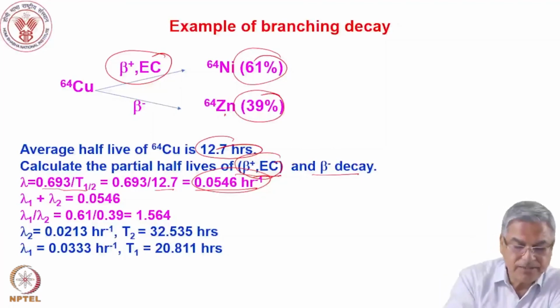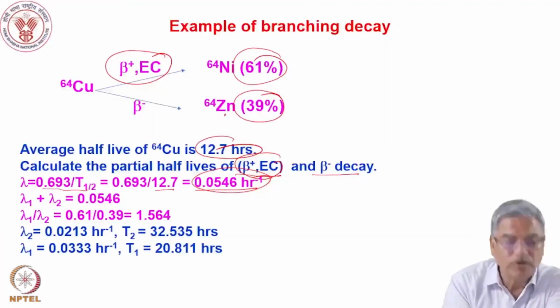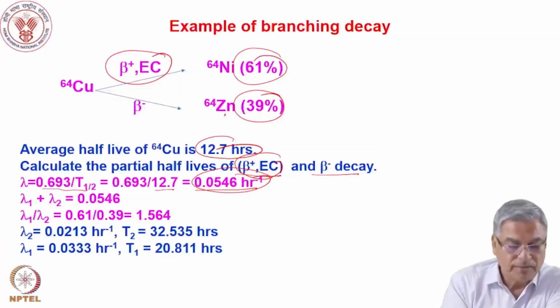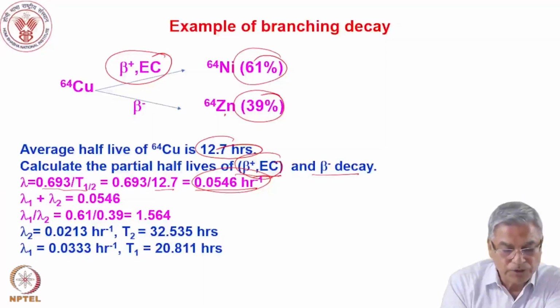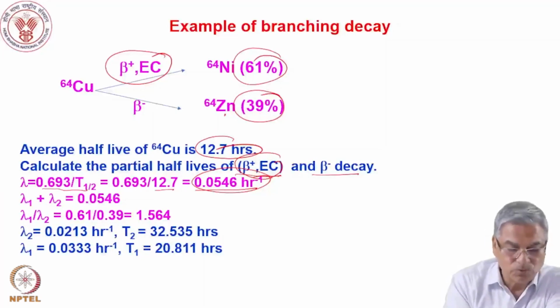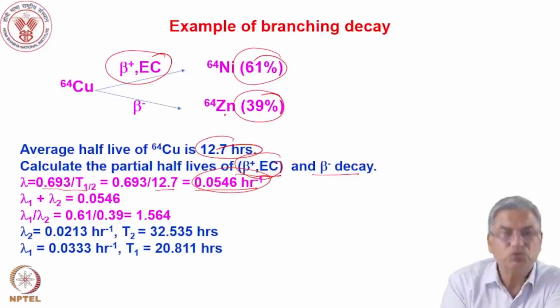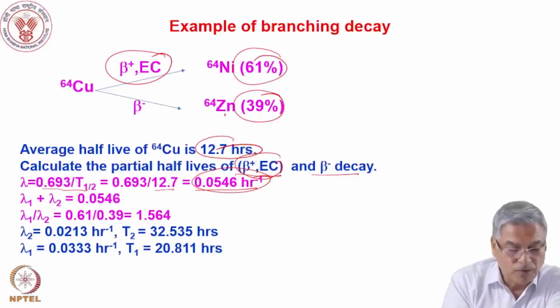So I can write lambda 1 upon lambda 2 is 0.61 upon 0.39, that is 1.564. So I have two equations, and I can solve them to find lambda 1 and lambda 2. So lambda 2 is equal to 0.0213 hour inverse, lambda 1 equals 0.0333 hour inverse.